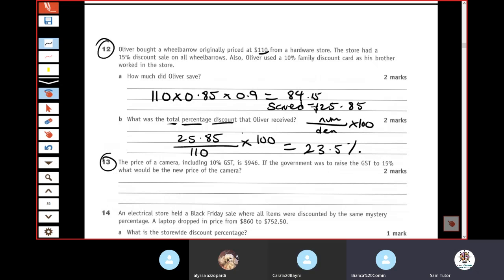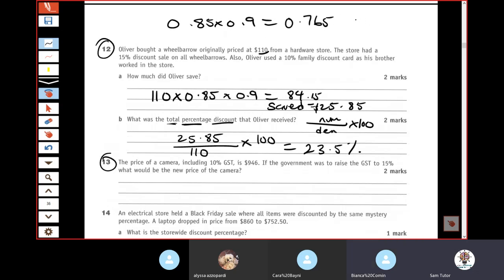No. If you do want to see something cool, I'm pretty sure if I do that times that, it gives me, yeah, so I should be right. Maybe, we'll find out. If you want to work out this in a different way and how all the math works together, you're probably not so interested, but I'll just show you how this all is linked. If I did 0.85 times 0.9, that gets me 0.765.